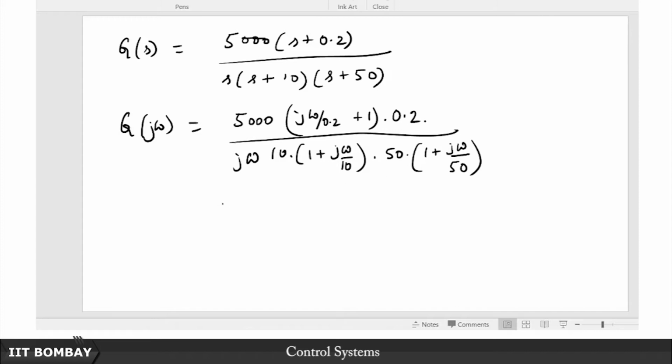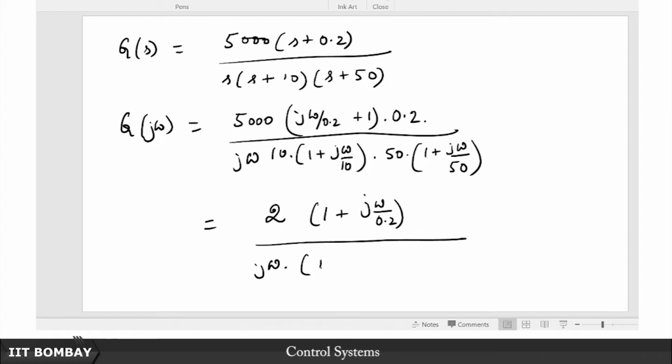So, this therefore equals 2 upon 1 plus j omega by 0.2 divided by j omega into 1 plus j omega by 10 into 1 plus j omega by 50. So, let me color code that.